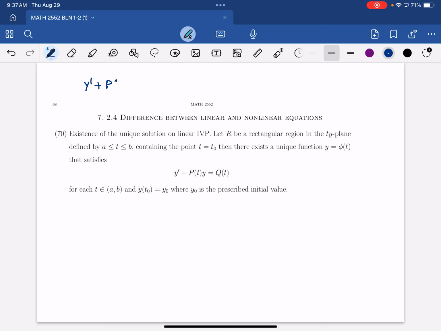So we are talking about a problem like y prime plus p of t times y equals q of t, and your initial value is y at t naught is y naught. The coefficient of y prime is 1, p of t is the coefficient of y, and q of t is the right side.